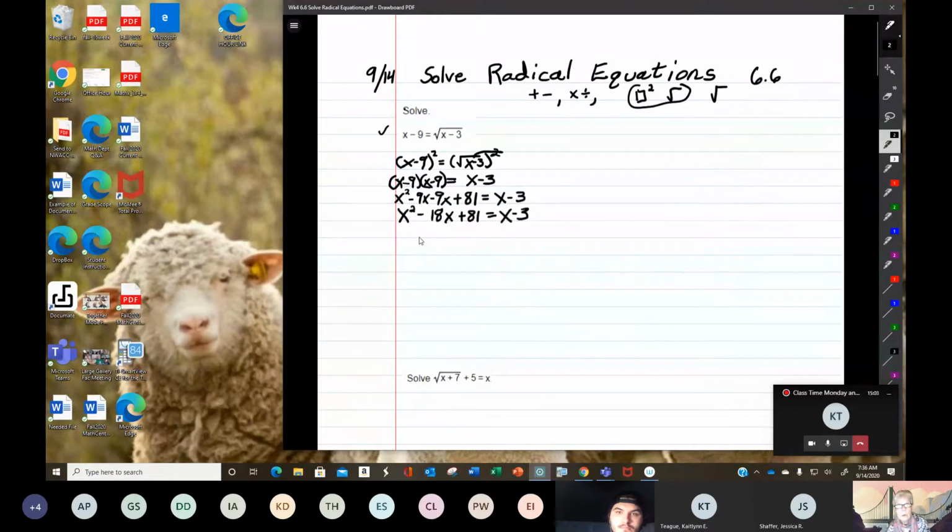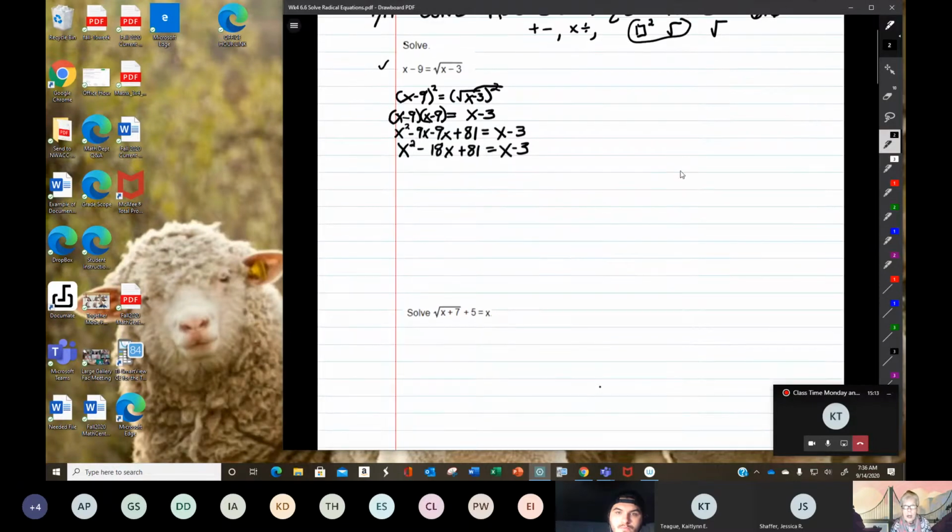Now we've got a quadratic equation. And remember that when you have a higher order equation, anything higher than a linear equation, you have to gather all your terms over to one side and set it equal to 0. So that's what I'm going to do. If I subtract x from x, these terms will zero out.